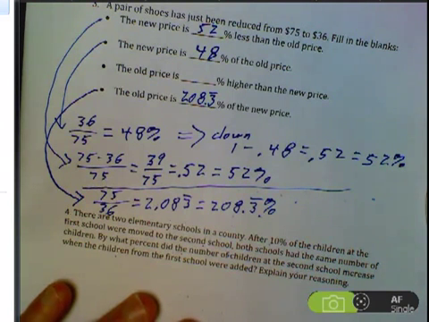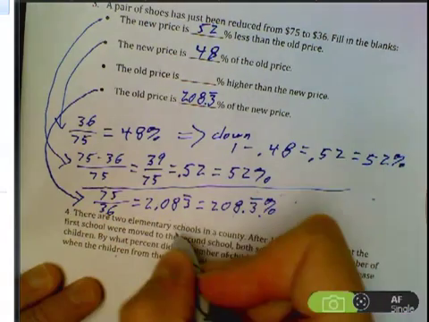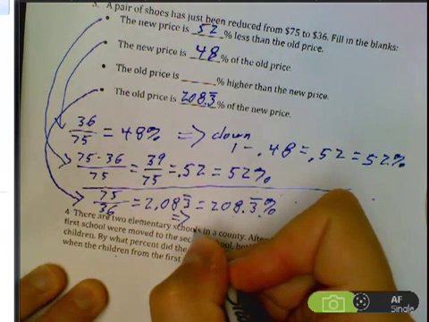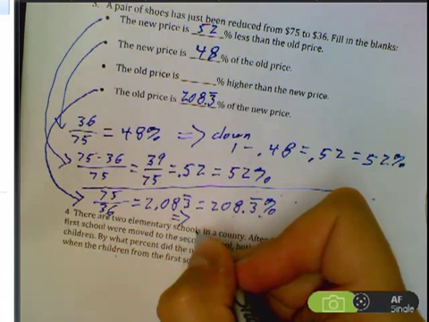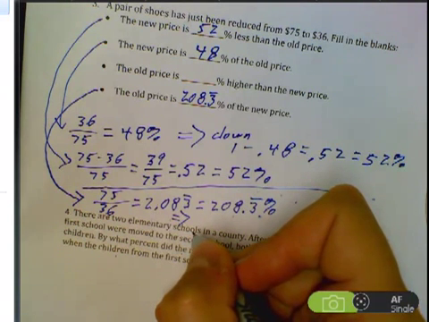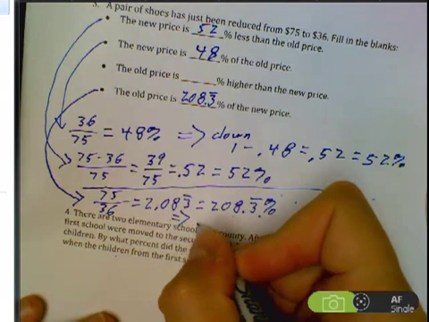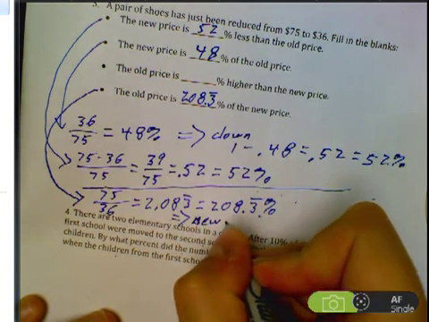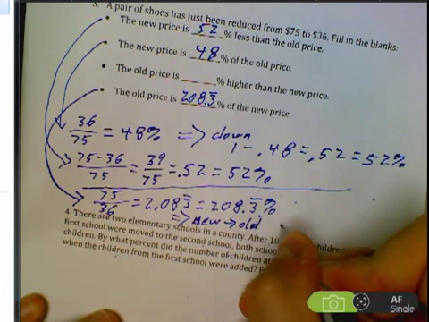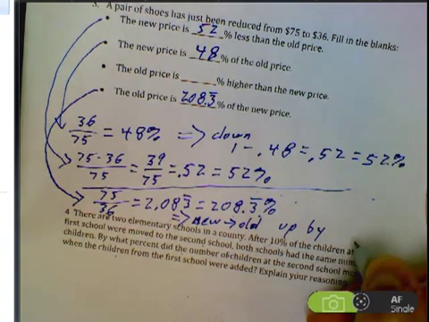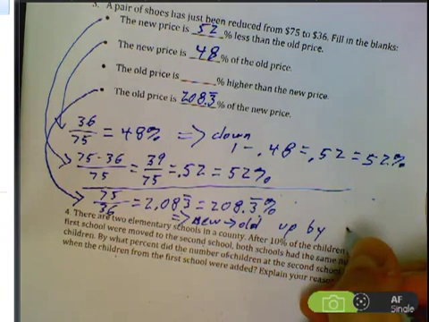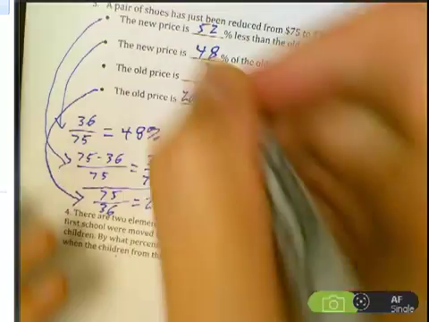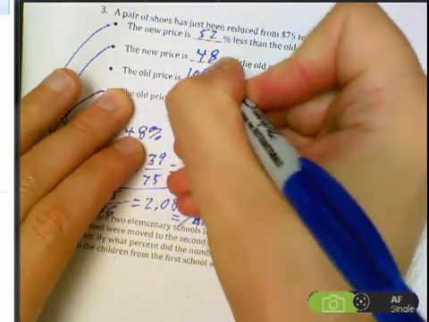than the new price. Okay, I think the easiest way to do this is, new price to old, it went up by, so again we subtract 1 from the 2.083, so it ends up being 1.083 repeating, which is 108.3 repeating percent.